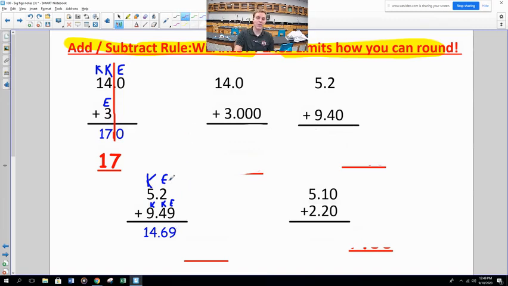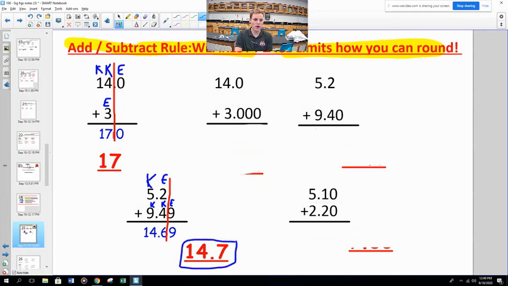So our last part of the measurement with some confidence is this 6. So we need to round after that right here. And remember, we're not chopping off. This doesn't become 14.6. We're rounding. So this final answer will actually be 14.7. And the rules will work exactly the same for subtraction.